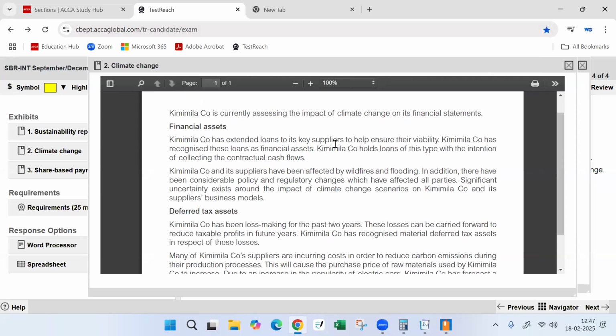Kimimila has extended loans to its key suppliers to help ensure their viability. Kimimila company has recognized these loans as financial assets. Kimimila holds loans of this type with the intention of collecting the contractual cash flows.